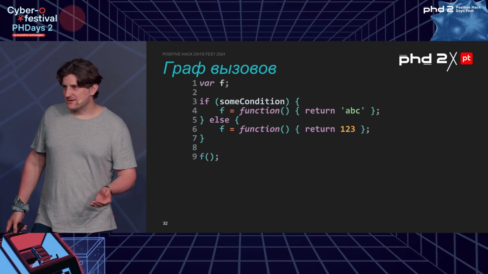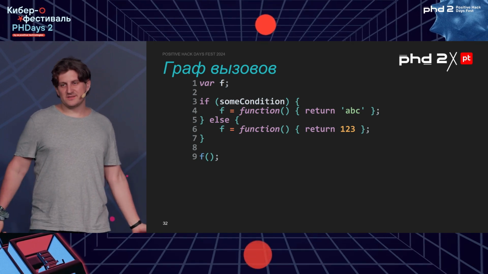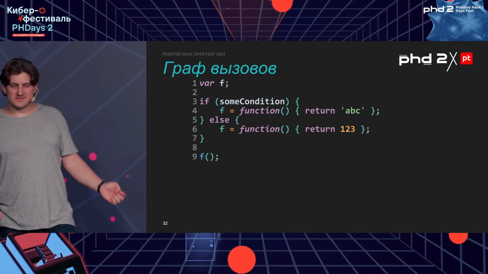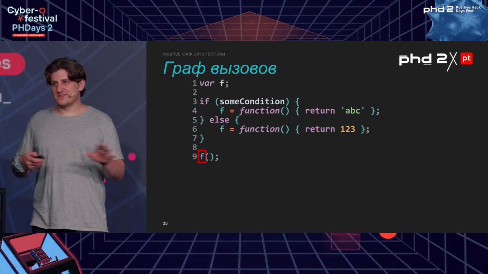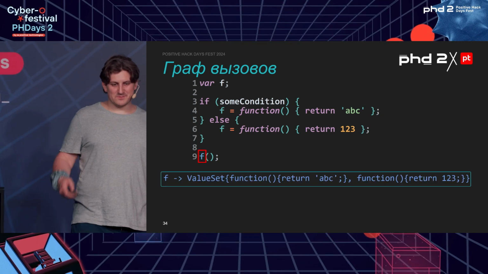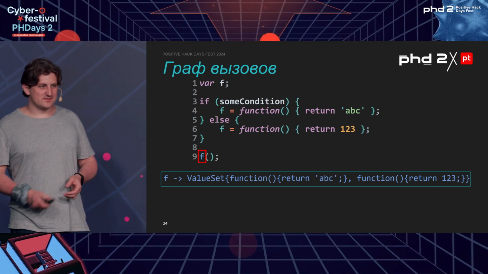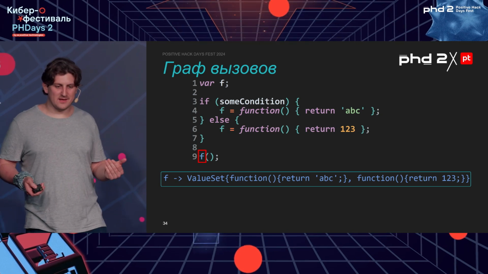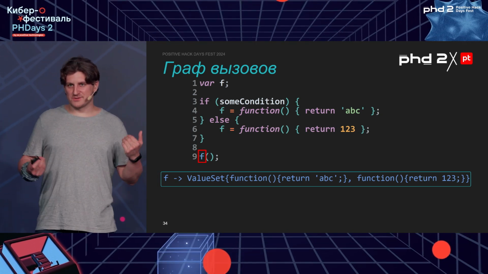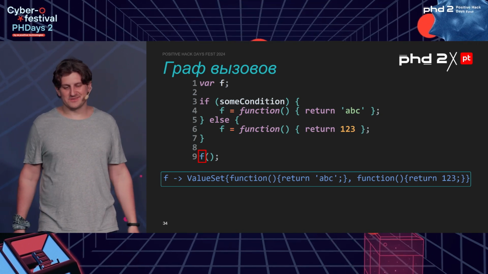It returns ABC. Now, let's imagine that we have several candidates here. So we have this conditional operator here, and then different functions could be assigned to function f. Once the analyzer gets to the call site, it will see what it has written down for variable f, and since we have different values possible, it will say that, okay, it's a set here.